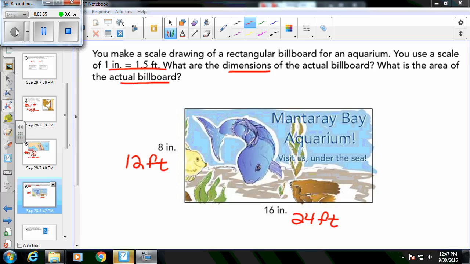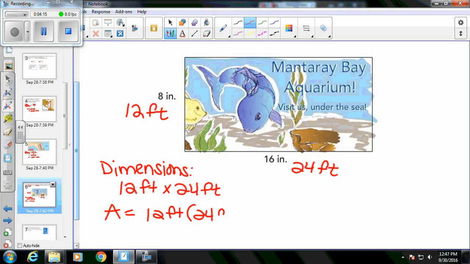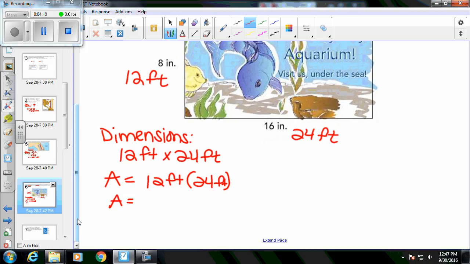Okay, now they're asking, so the dimensions are 12 feet by 24 feet, and my area will be 12 feet times 24 feet, which will give me 288 feet squared.